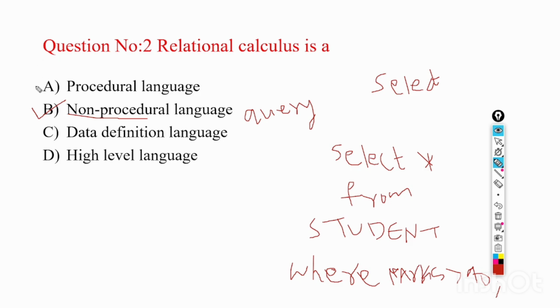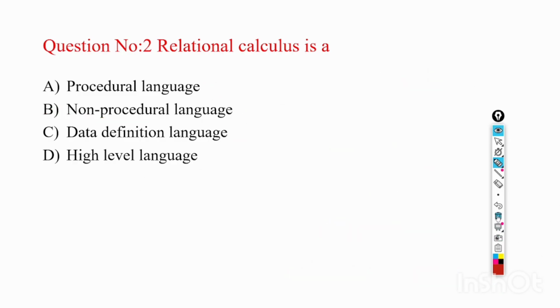This is the syntax for the select statement. Here we specify the required result only. Whenever the marks are greater than 90, then only we display the values from the student table. So we are getting the exact data without specifying how to retrieve it. So this we call a non-procedural language.